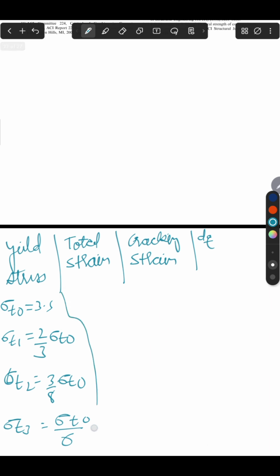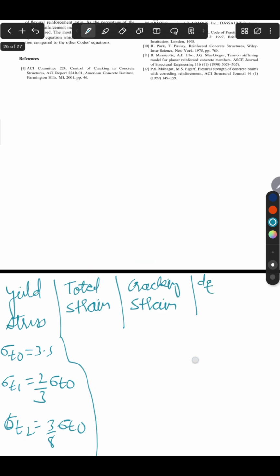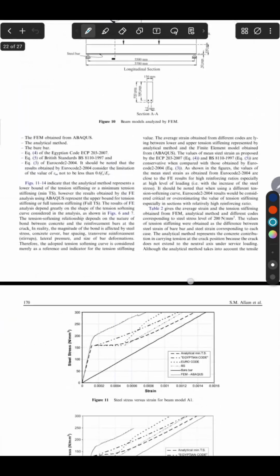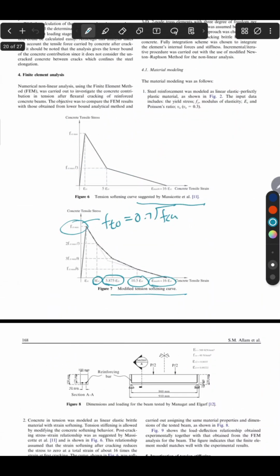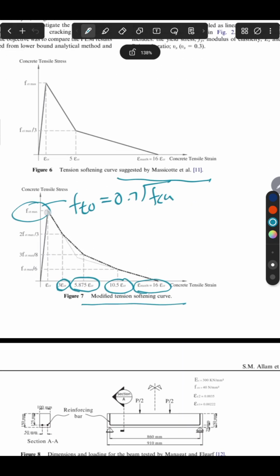Now corresponding total strain we needed. So first total strain, sigma T naught. You can see up to sigma T naught here in the graph, the value is elastic, so we can use first strain ET naught, that can be our sigma T naught or sigma FCT max divided by our initial modulus of elasticity, because up to this point the curve is linear.